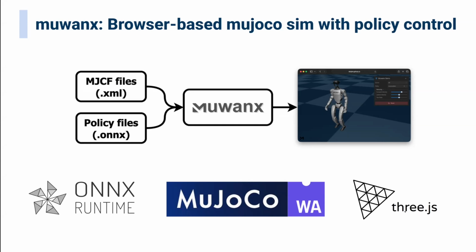This also enables VR, and these all run client side. So no dedicated server is needed, just GitHub Pages static hosting. You can just share a URL and anyone can run the full simulation.